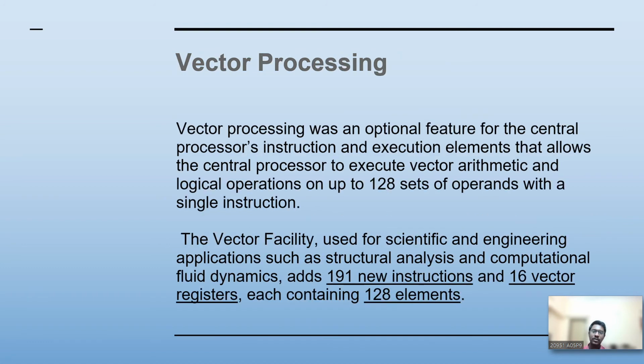So moving on, vector processing. Vector processing was one of the useful things. It means processing of an array, where an array is a data set at consecutive memory addresses.